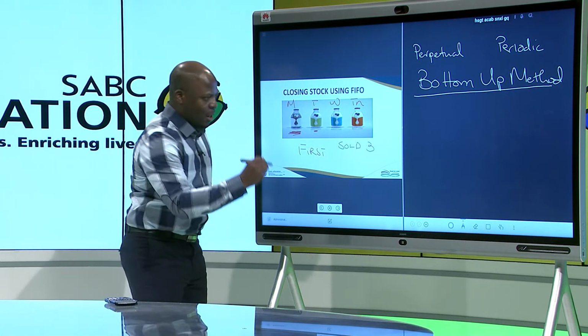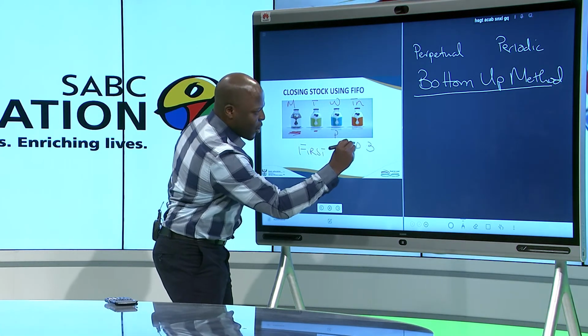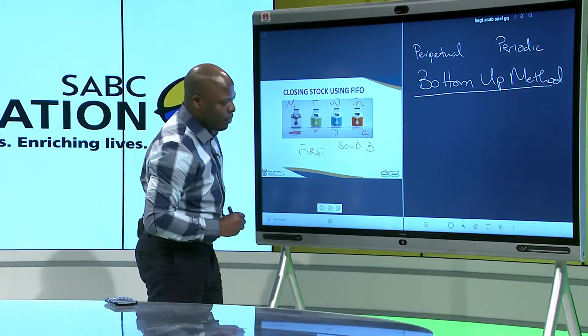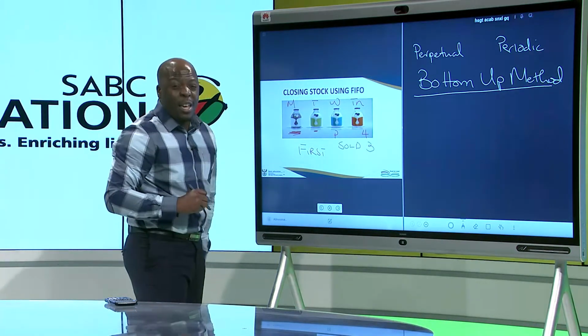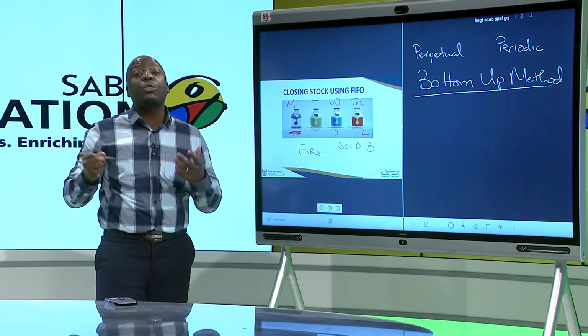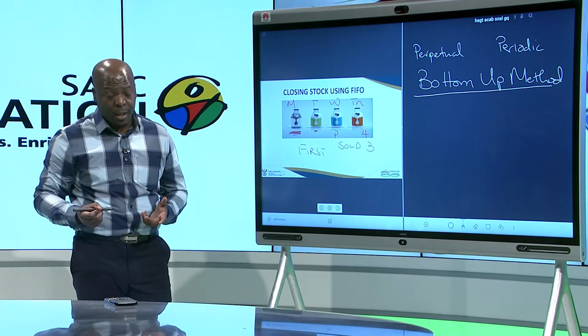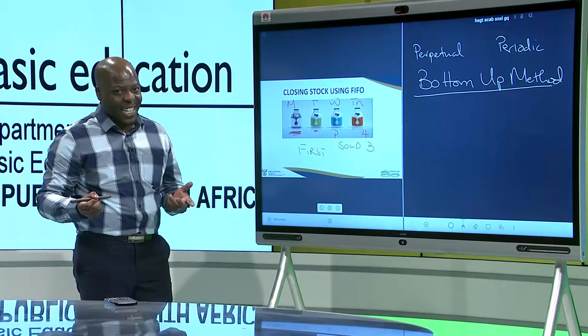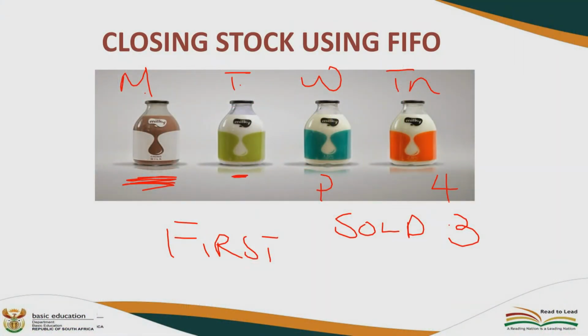We purchased 4. That means if we want to get the closing stock of our milk, how do we get it? This is what you do. If you purchased 4 and now you have sold 3, your closing stock, you are going to be left now with 1 bottle.